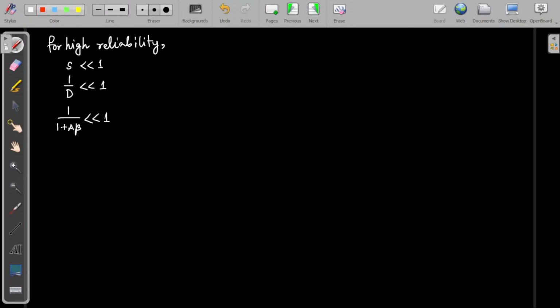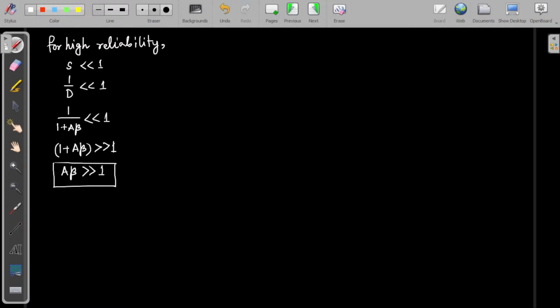So 1 plus A beta should be very much greater than 1. So the A beta factor, that is the loop gain of the feedback amplifier, should be greater than 1. This is the important concept: for high reliability of the feedback amplifier system, the A beta value should be very much greater than 1.